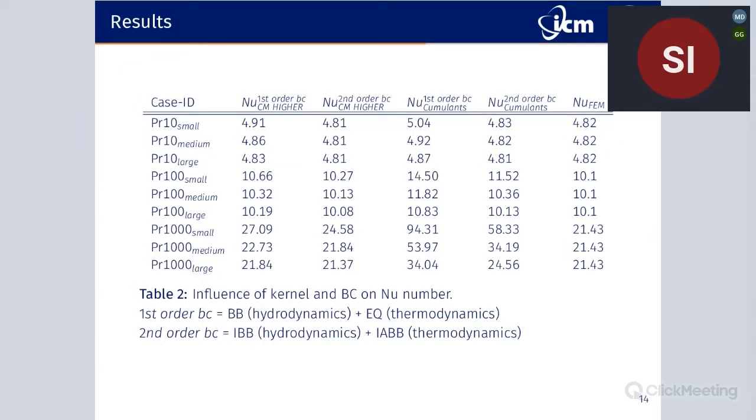On this column, we see different kernels which have been tested. And finally, the last column represents the reference result. So these are the values which we should have obtained.